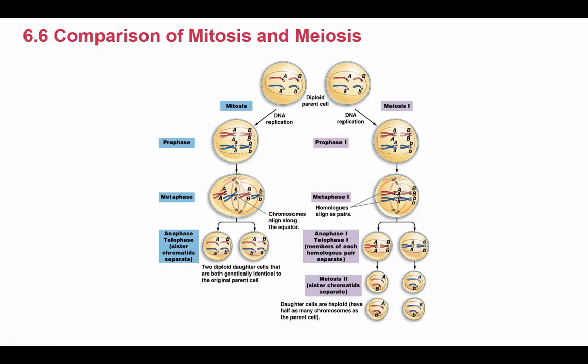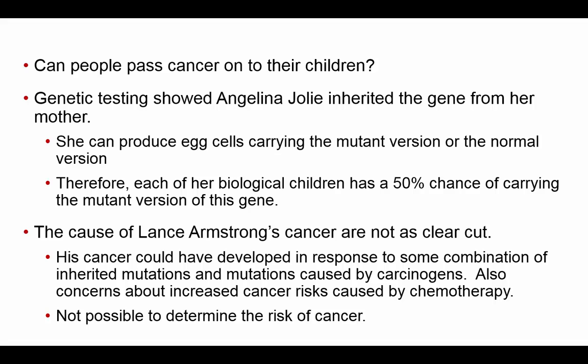So here gives you a good comparison of mitosis versus meiosis. Mitosis producing 2 daughter cells that are genetically identical, meiosis producing 4 daughter cells that are haploid and are all genetically different.